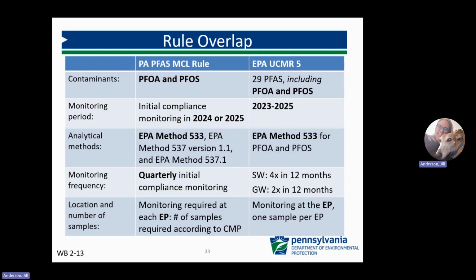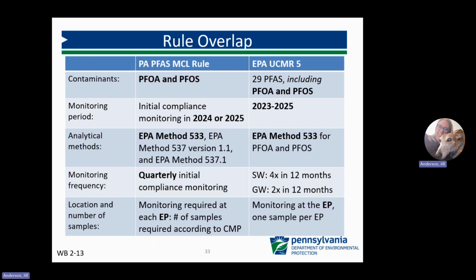As noted earlier, the initial compliance monitoring period under the PFAS MCL rule is in either 2024 or 2025, and monitoring under UCMR 5 is required during a consecutive 12-month period that occurs between 2023 and 2025, so there is some overlap there.